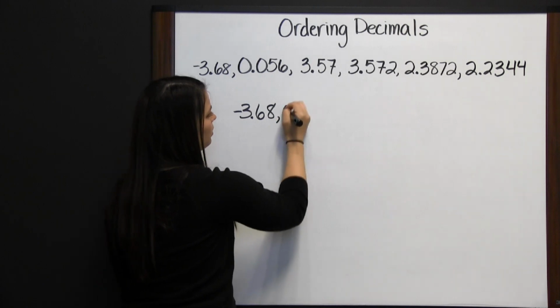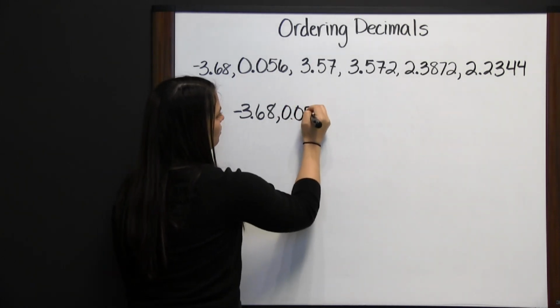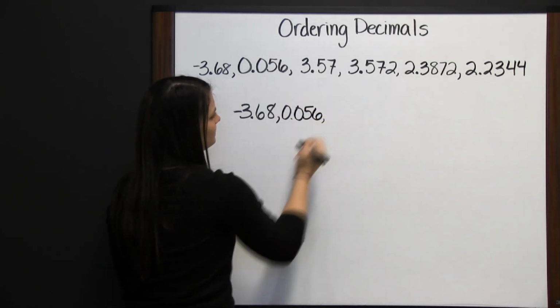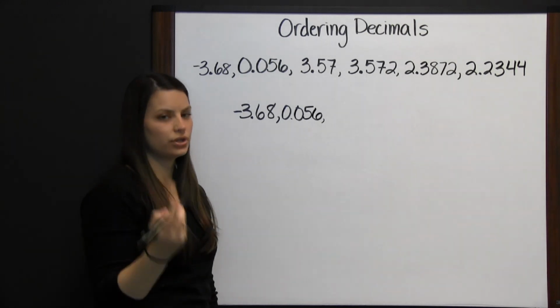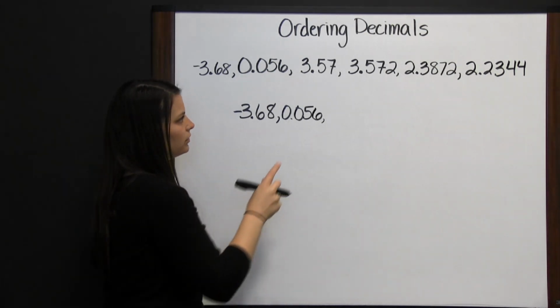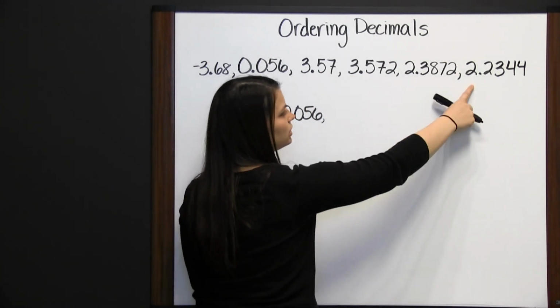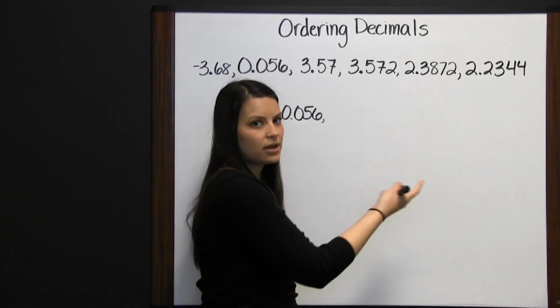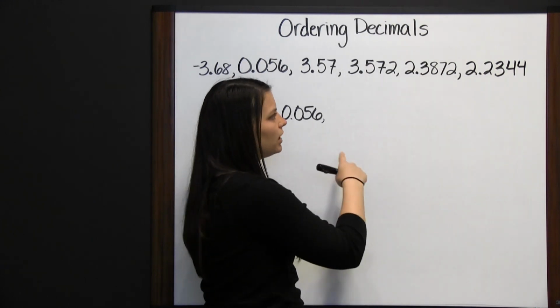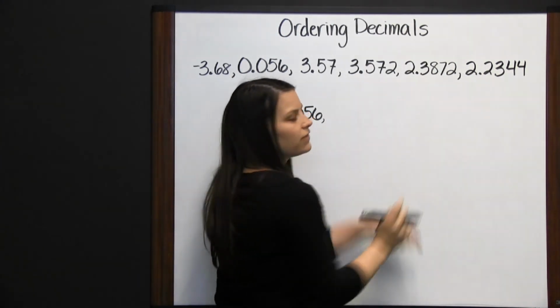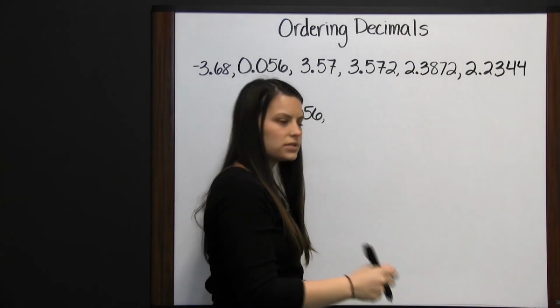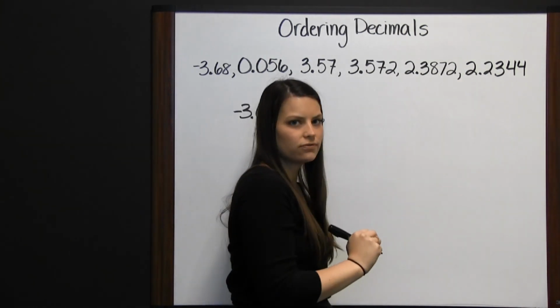So our next number would be 56 thousandths. Again, we look for the next greatest whole number. Looking at our whole numbers again, 3, 3, 2, and 2, 2 is going to be our next number. 2 is smaller than 3. But we have 2 numbers with the whole number 2 in front.